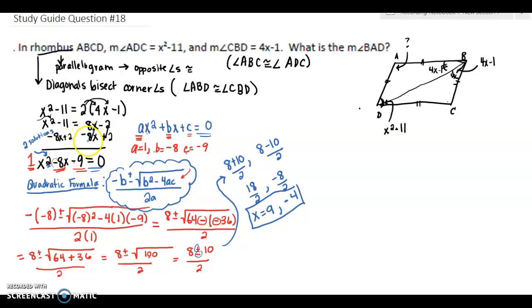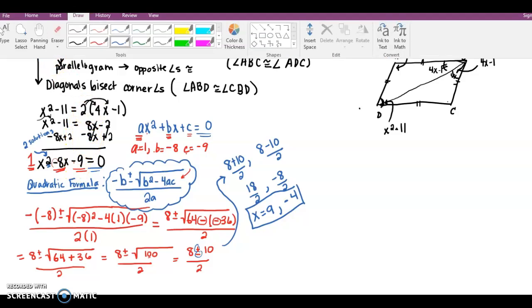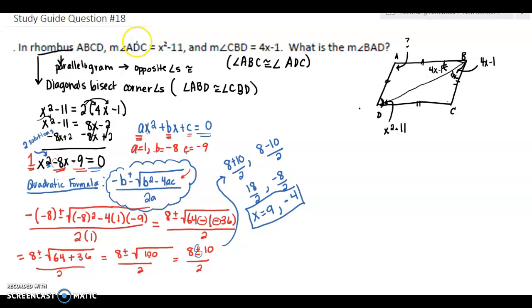Okay, that's one way you can do it. Now the other way is by factoring. And like I said, most of you that took Algebra 1 in 8th grade probably factored more than you did the quadratic formula.